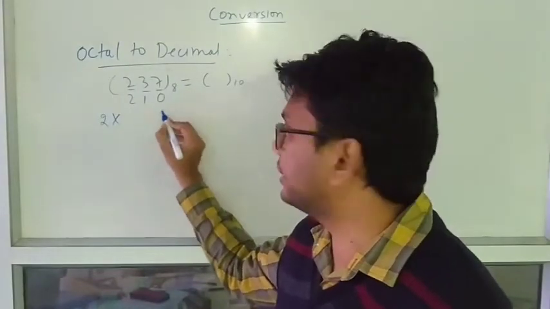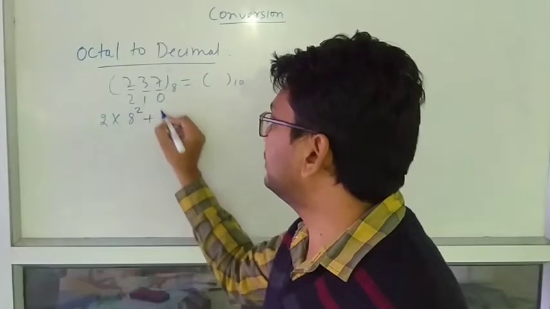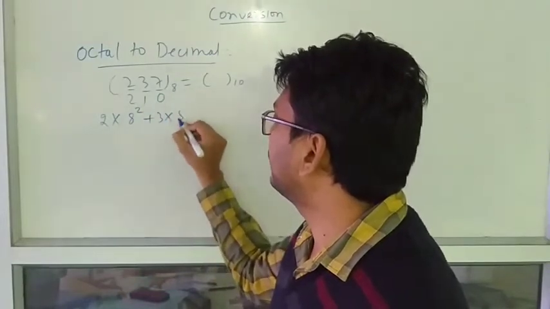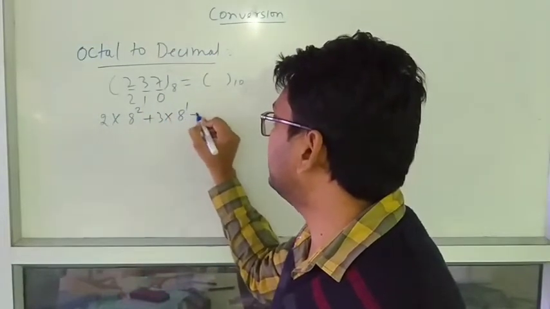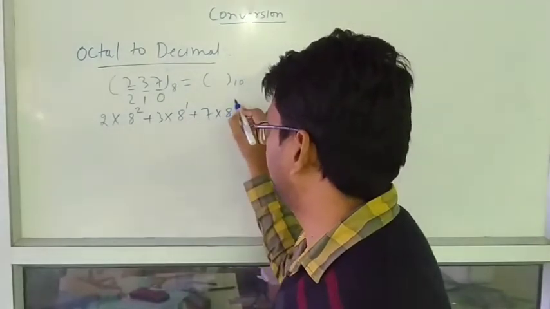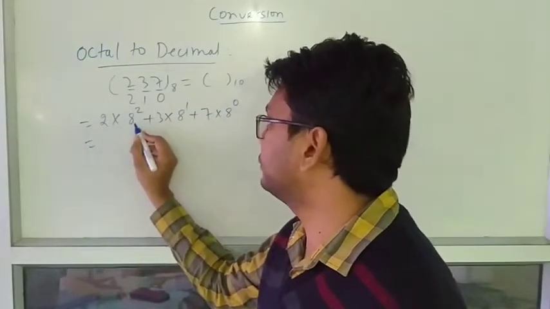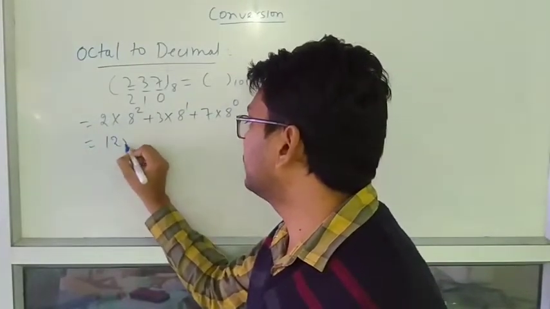Here the radix is 8 and the position is 2, then plus 3, radix 8 and the position is 1, then 7 into radix 8, position 0.